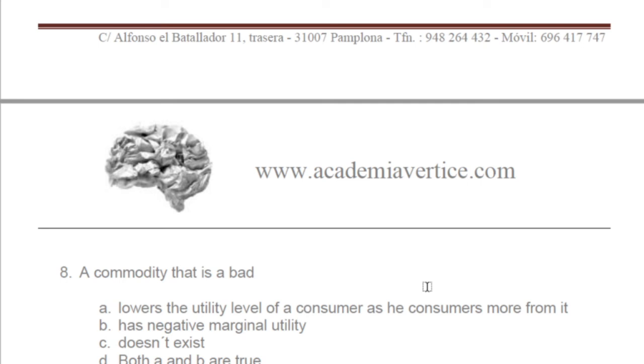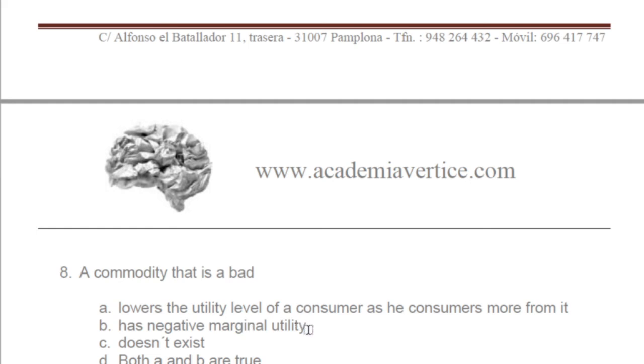Number 8. A commodity that is bad lowers the utility level of a consumer as he consumes more from it. Yes, of course. The more I consume one commodity, the worse I am, so that's bad for me. Has negative marginal utility?